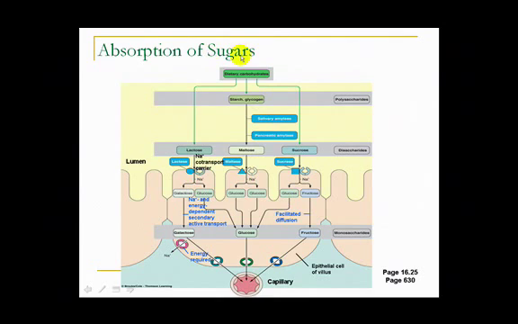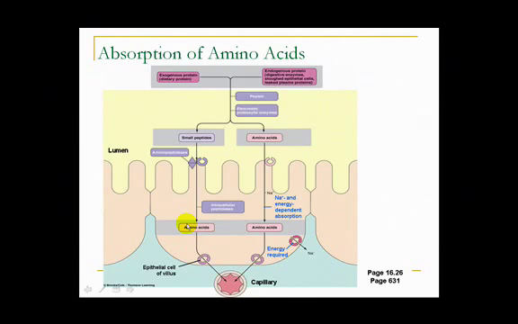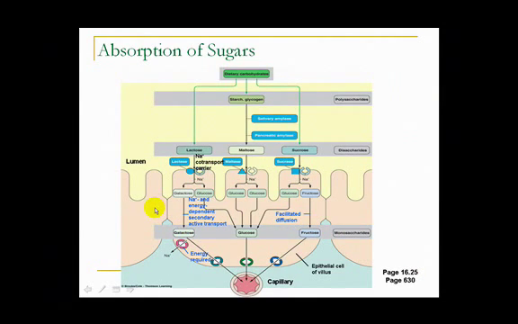So this is kind of a better picture for secondary active transport. This is the lumen of your small intestines, where the chyme is. Okay. And these are the epithelial cells lining the lumen, and then in the submucosal area, you'll have your capillary. So you need to get your sugars from the lumen through the epithelial cell and then into the blood.